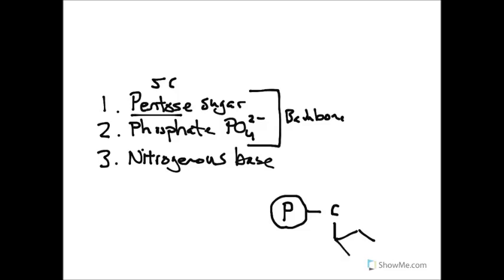And this ring structure is forming our pentose sugar, and off of that we would see some nitrogenous base, a purine or a pyrimidine. We would have a base, a pentose sugar, and a phosphate group that make up our monomers of our nucleic acids.